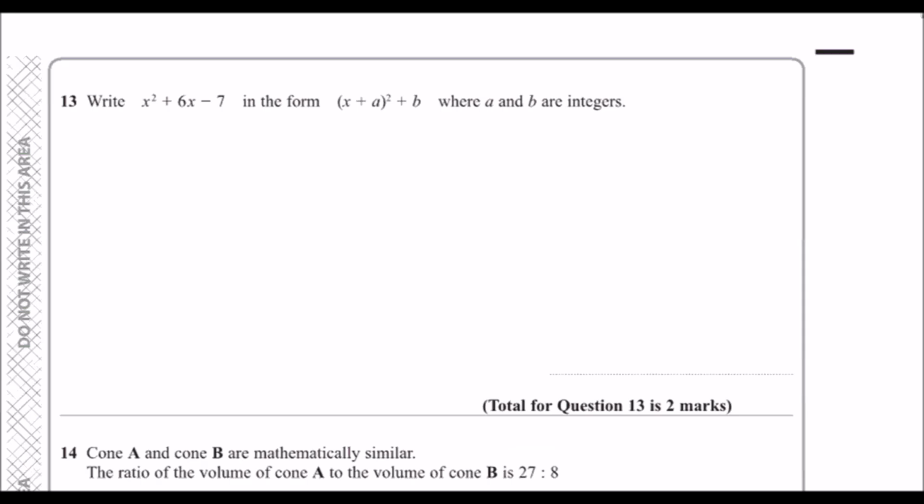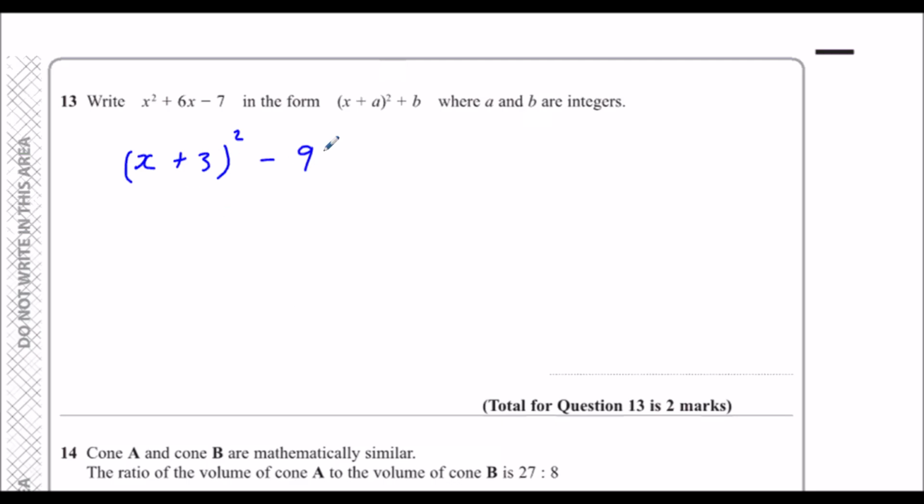Question 13. Write x squared plus 6x minus 7 in the form (x plus a) squared plus b, where a and b are integers. So we're completing the square. So we're going to half the middle number, half the b number. So we're going to have (x plus 3) squared. Then we're going to take away 3 squared.